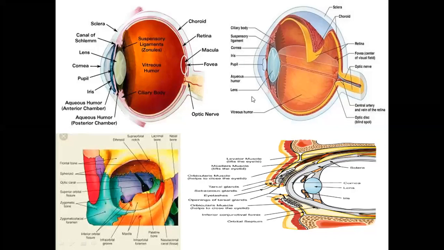Okay, first let's discuss the iris. The iris is actually a component of the choroid, and it has two types of muscles. It contains the circular muscles, which cause the constriction of the pupil. The circular muscle will cause the constriction of the pupil, the pupil becomes small, and that is called miosis.